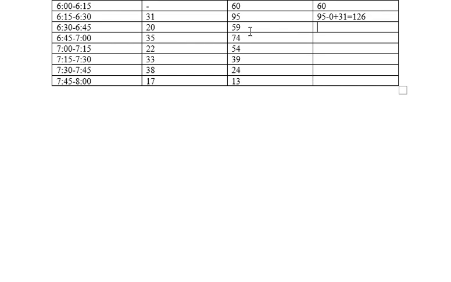Then in the next time interval 59 vehicles departed, okay, and there was already a queue of 31 vehicles earlier, so 59, okay, minus 31 vehicles which were already there, plus 20 which are in the queue right now.